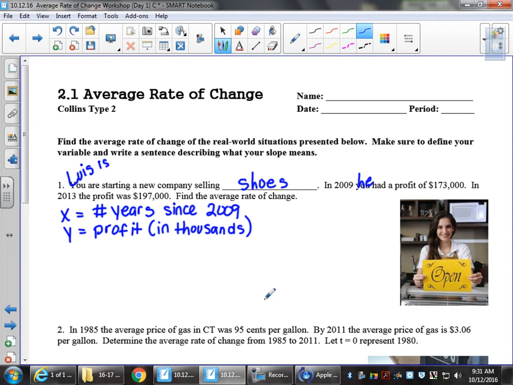So with those defined variables, please get me 2 ordered pairs. That's the next step. I need 2 ordered pairs stacked on top of each other. Who's got my first ordered pair? But I need, that would be a year, comma, year.